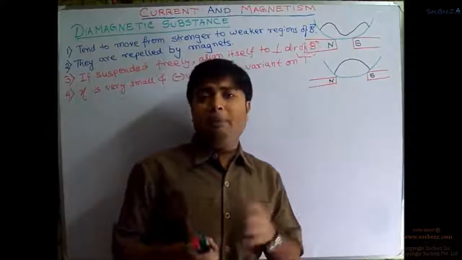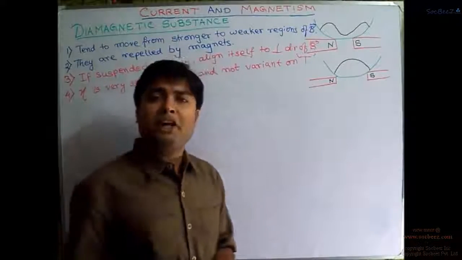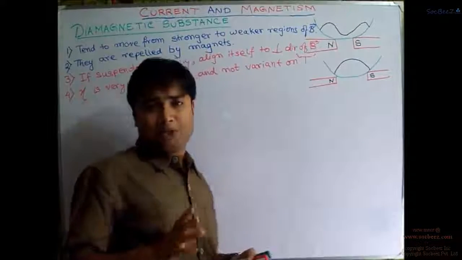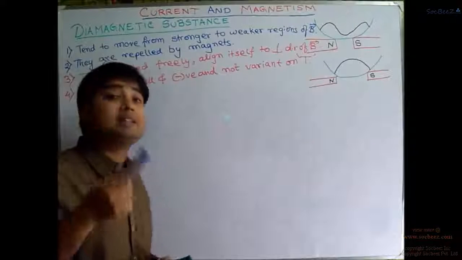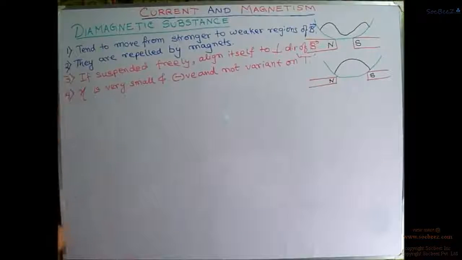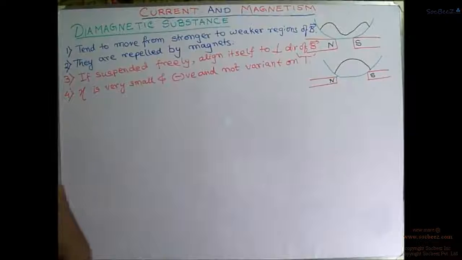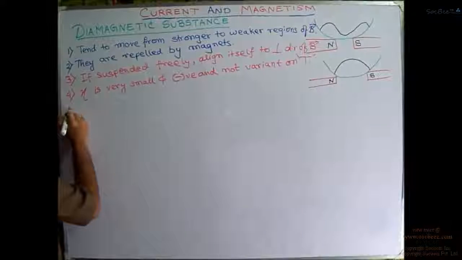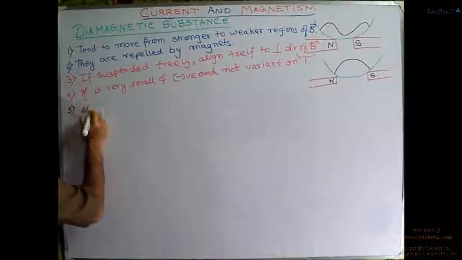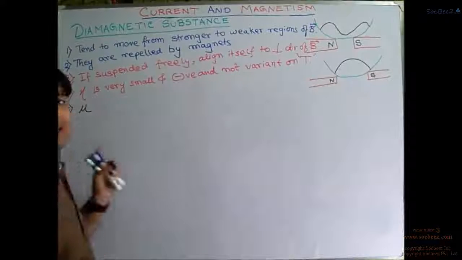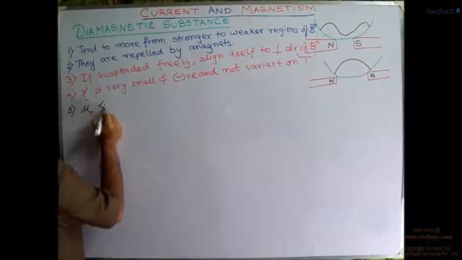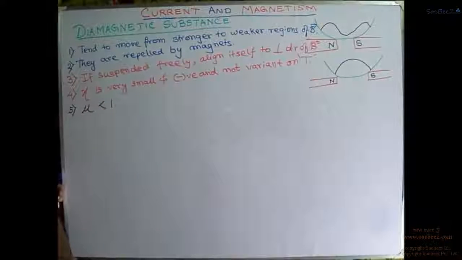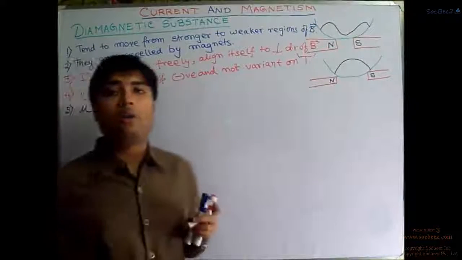Now, the permeability. The permeability of these diamagnetic substances is lesser than 1. We know that this is denoted by mu. This permeability is basically lesser than 1, right?